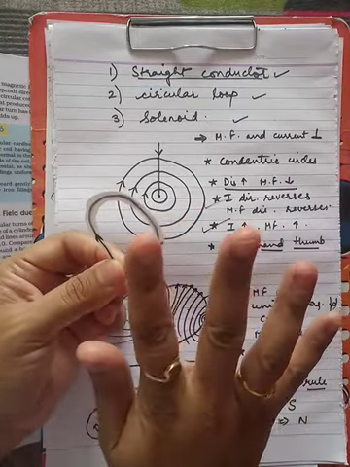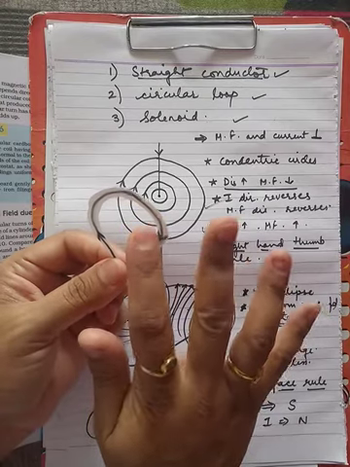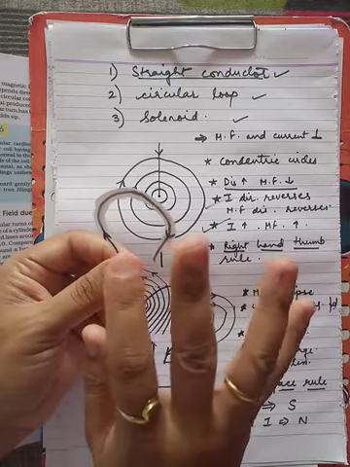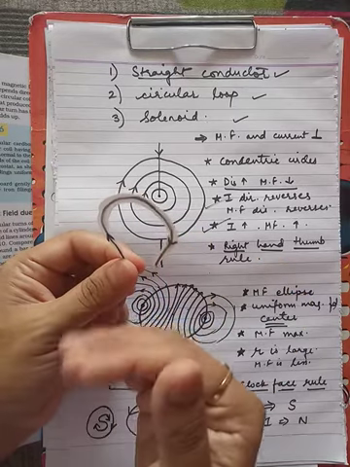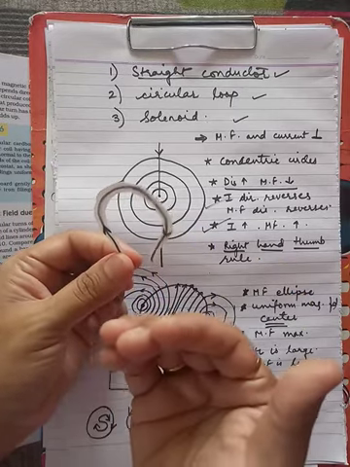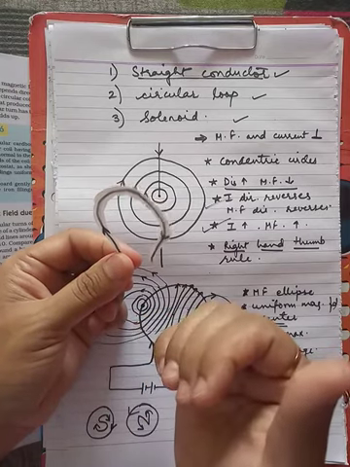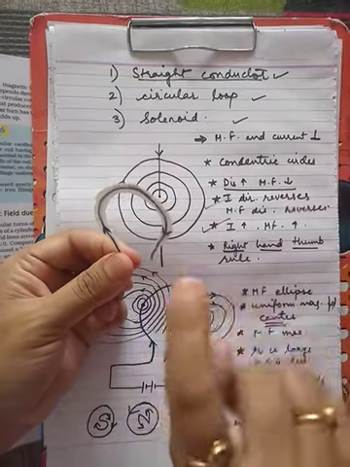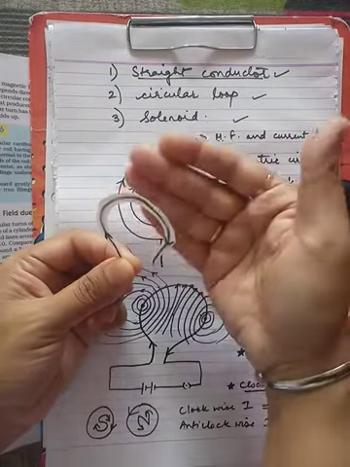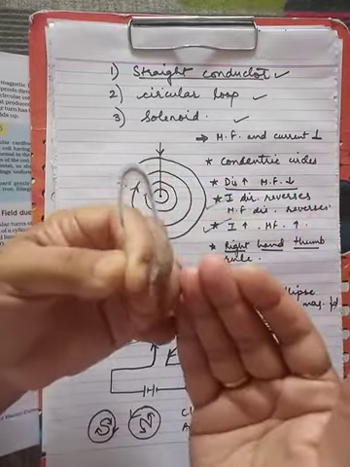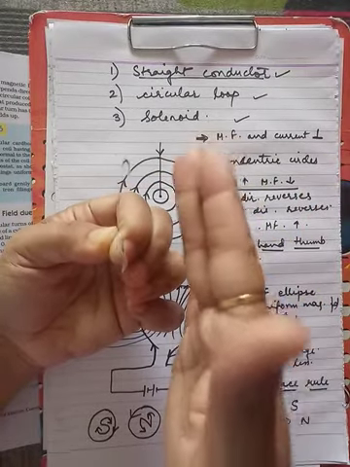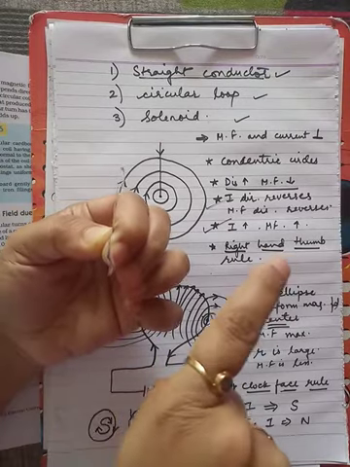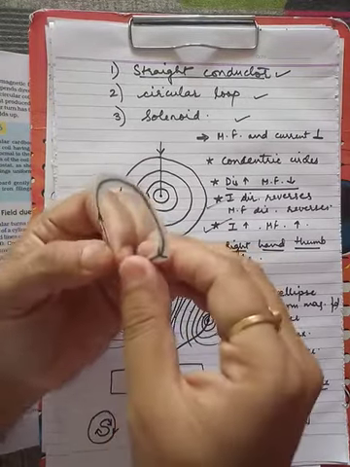South pole is a pole in which the magnetic field lines are going towards the south pole, and north pole is a pole in which magnetic field lines are coming out from that pole. So this side is south pole and it is going inside, and this side is north pole. Looking from this side, this side is north pole, so it is coming out from this.